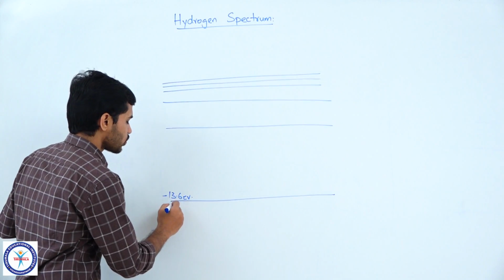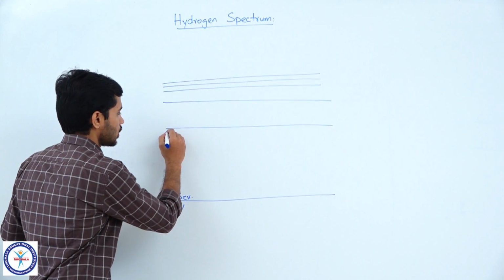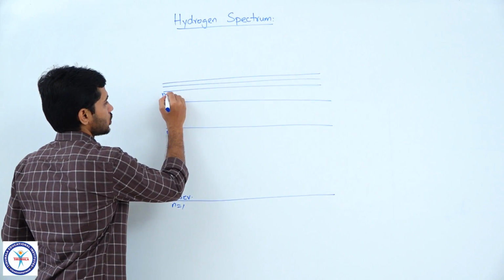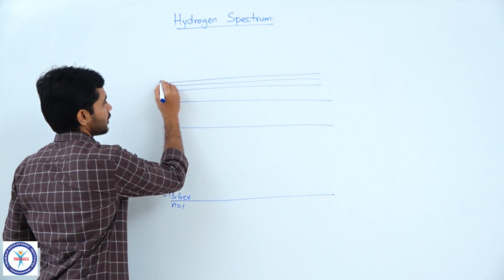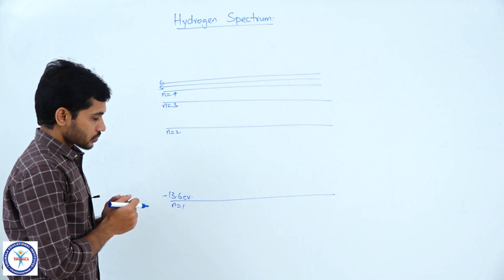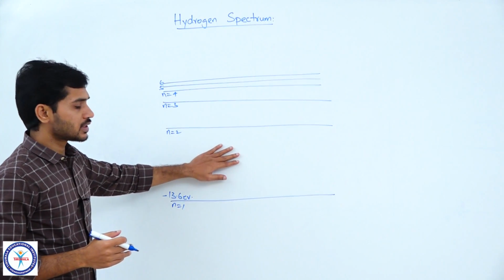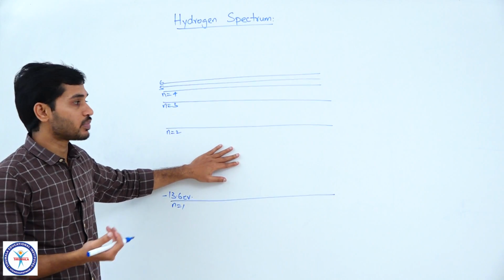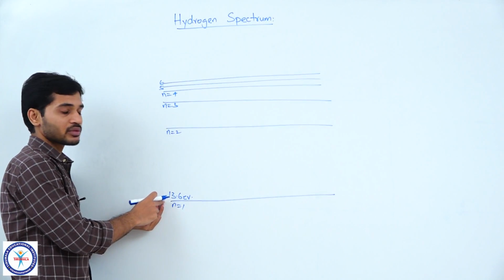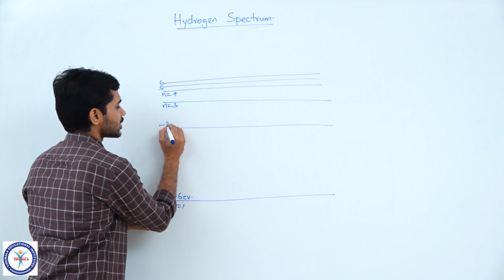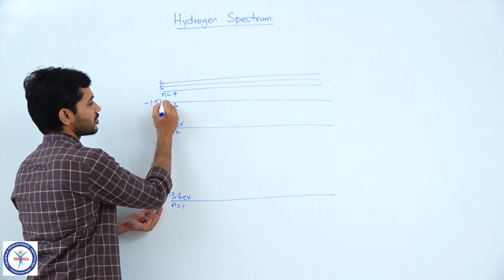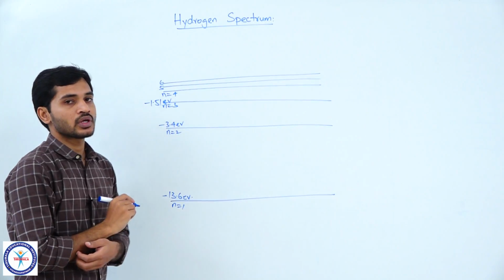This corresponds to n is equal to 1, n is equal to 2, 3, 4, 5 and 6. Let us consider till here. Now, if I consider different transitions happening in a hydrogen atom, we all know the energy levels as well. This is minus 13.6, this will be minus 3.4 electron volts, this will be minus 1.51 electron volts and so on. Okay.